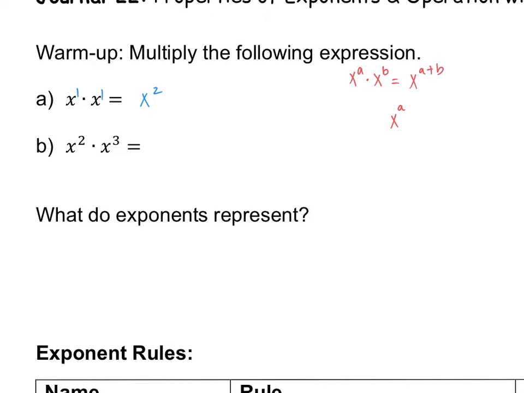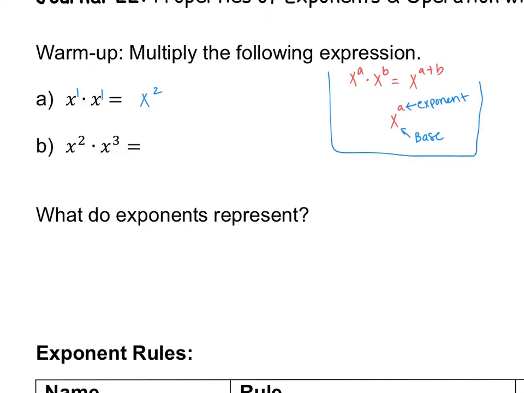When I'm talking about base, I'm saying that the x, the big number, the thing that's holding the exponent, is your base. If the bases are the same, which they are, they're both x's, that means you can add the exponents. So the base needs to be the same in order to add the exponents. If they are not the same, we don't add the exponents at all.